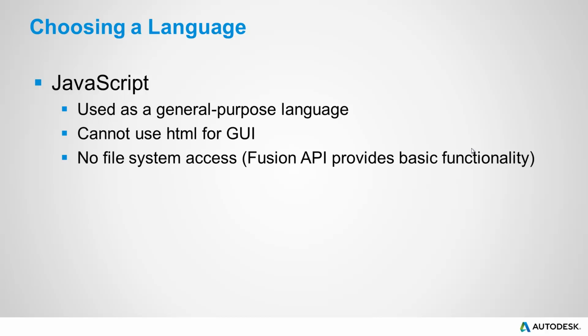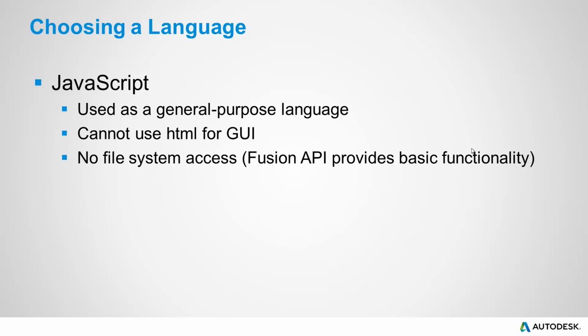Right? To work around that, because that is an important part for a lot of programs, the Fusion API for the JavaScript implementation adds additional functions that let you access the file system. So you can use that if you are using JavaScript.